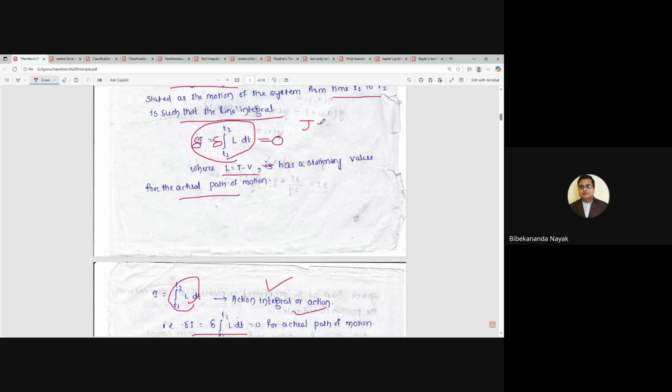Integral j, which is the integral from x1 to x2, or from (t1, x1) to (t2, x2), of f dt, where f, like the Lagrangian, is a function of position coordinate q, q dot and t, time. Q dot means v, velocity with time.